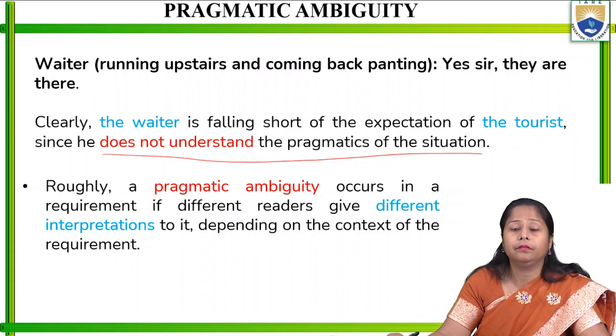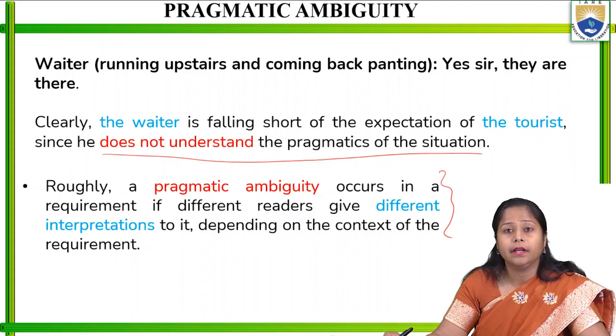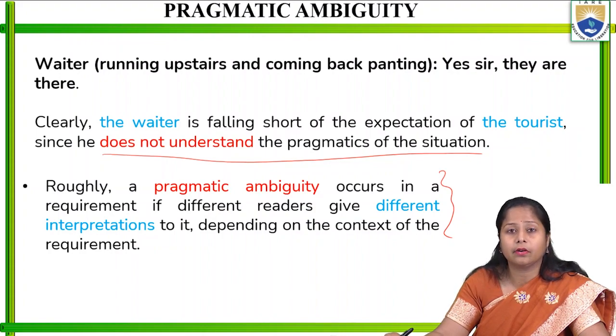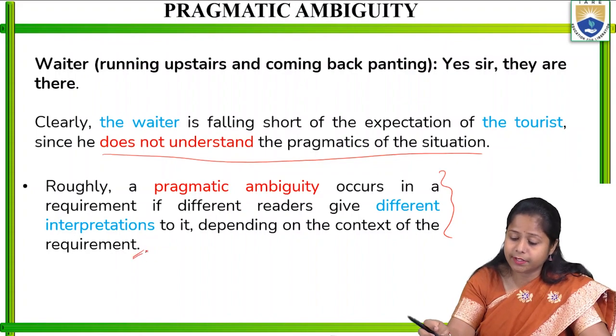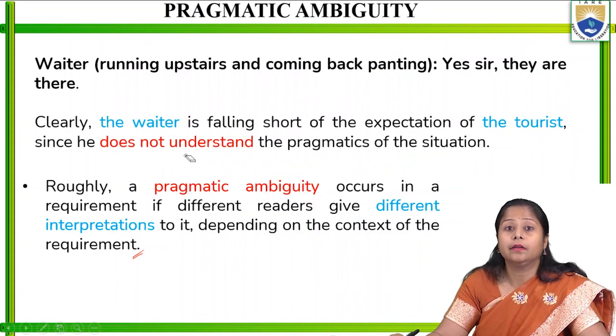Roughly, we can say a pragmatic ambiguity occurs in a requirement if different readers give different interpretations of it, depending on the context of the requirement. What does that mean?